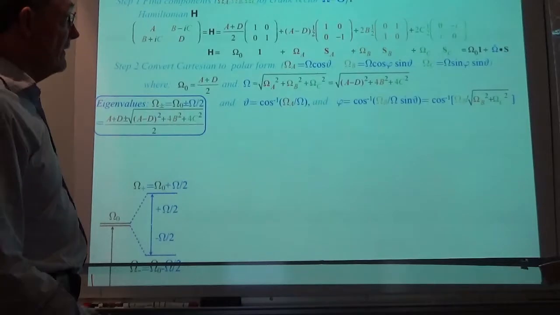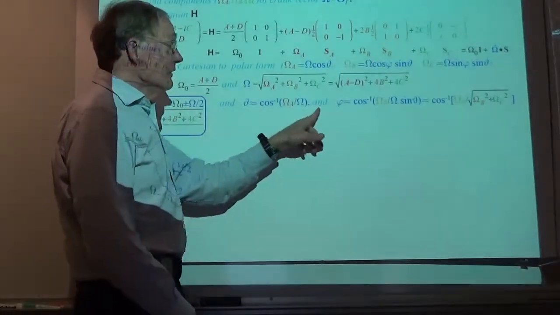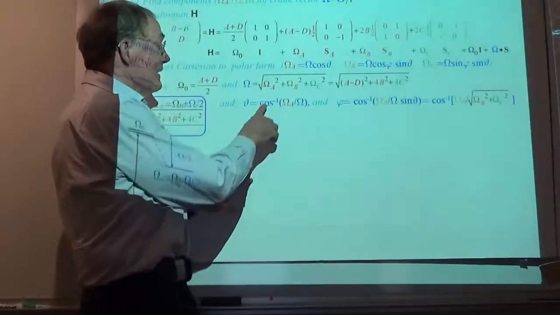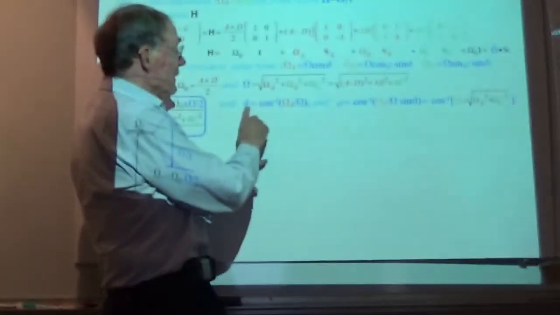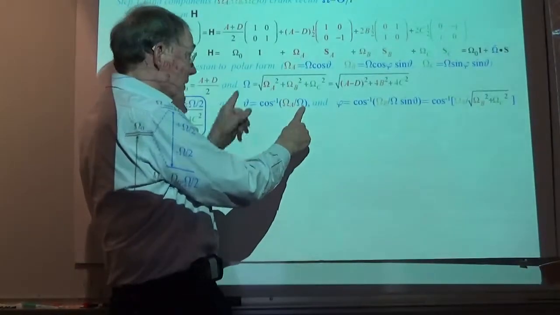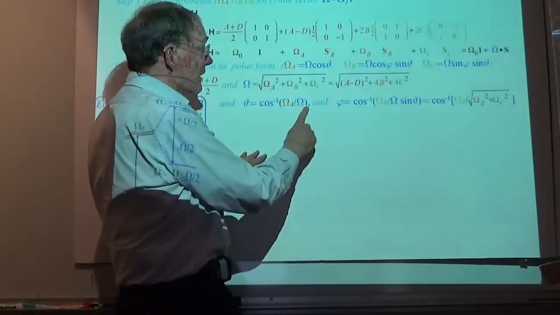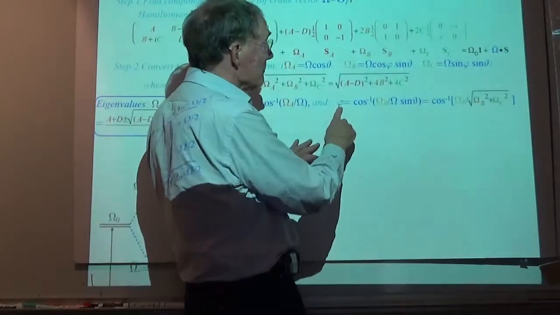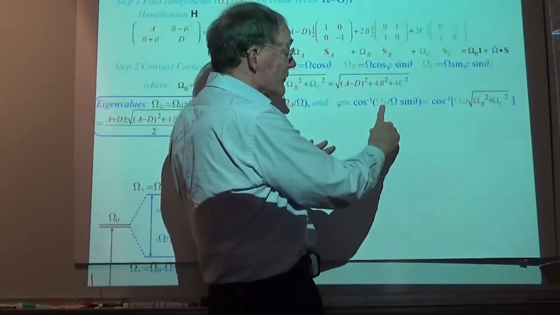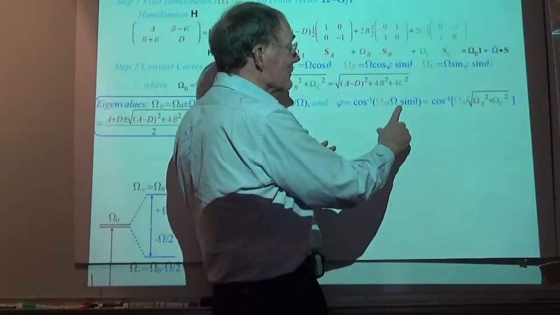And we very quickly see from the geometry of this that the theta here is the arc cosine of this thing divided by the omega we just figured out. And then a little bit more looking, and I can see pretty closely that the phi here is the arc cosine of just the b part over omega times the sine.